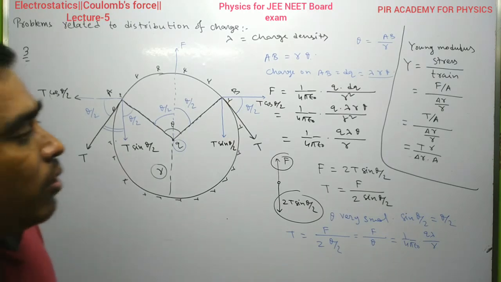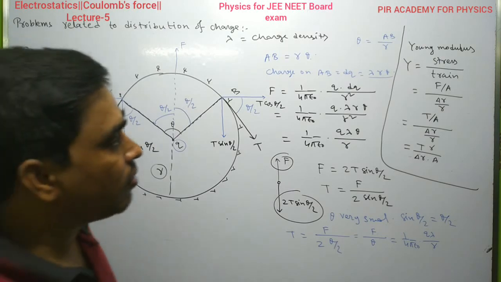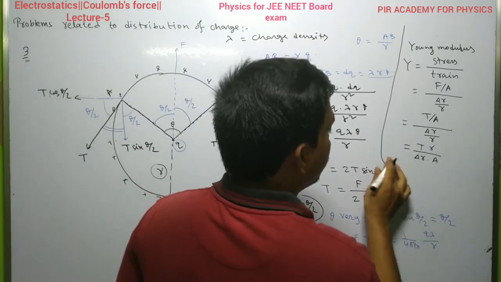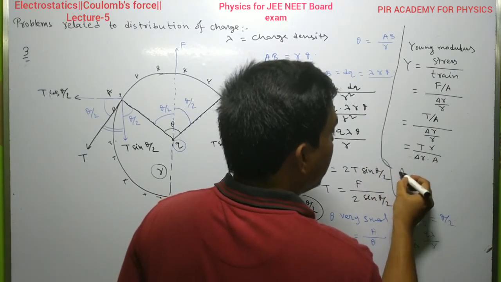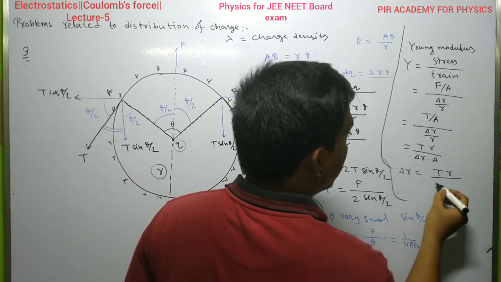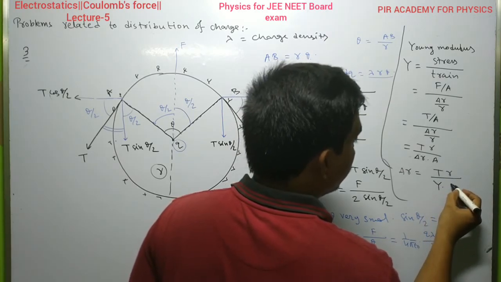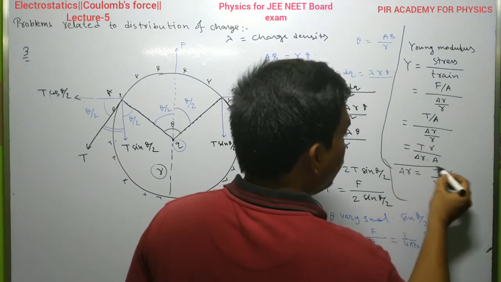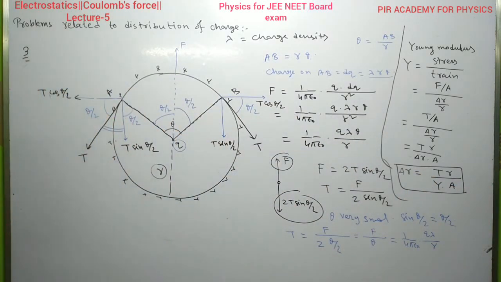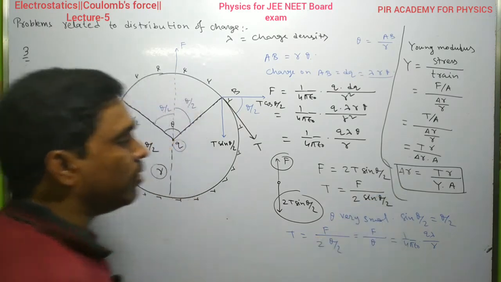Now you have to find out the change of radius. In this formula you can calculate del R, which will be T R divided by Young modulus into area. Using this formula you can calculate the change of radius.